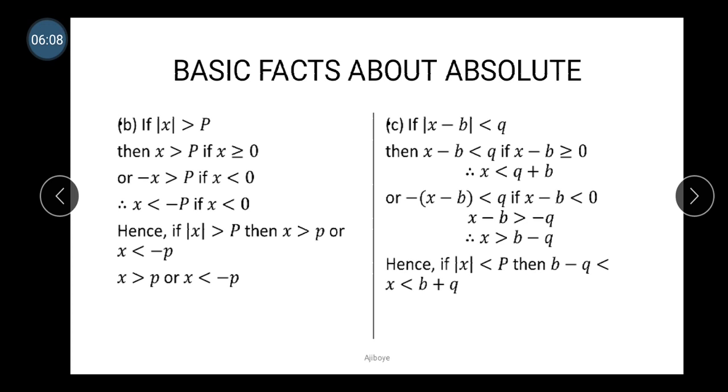Or minus, open bracket, x minus b, close bracket, is less than q if x minus b is less than 0. x minus b is greater than minus q. It therefore means x is greater than b minus q. Hence, if the absolute value of x minus b is less than q, then b minus q is less than x and x is less than b plus q.